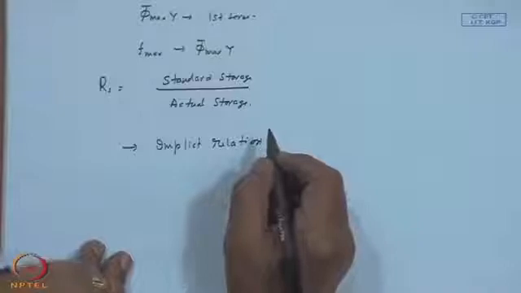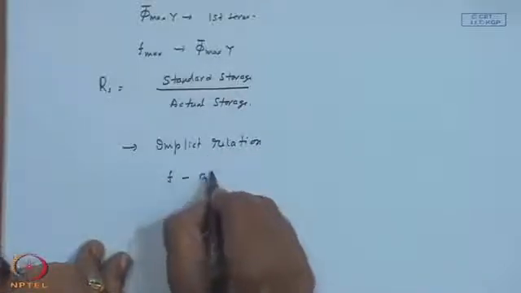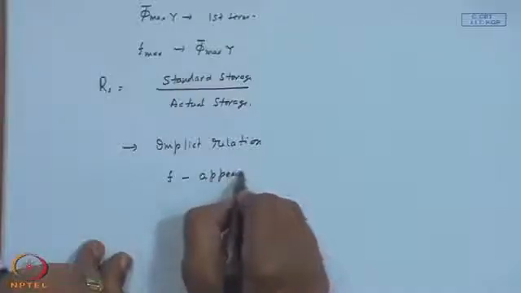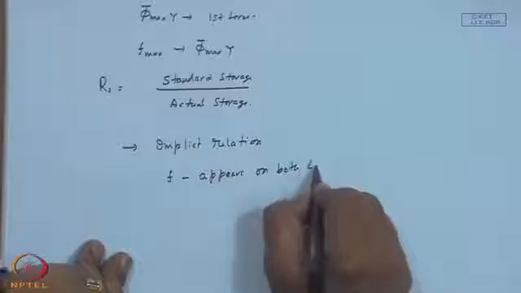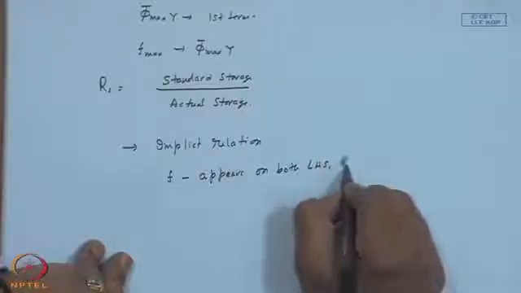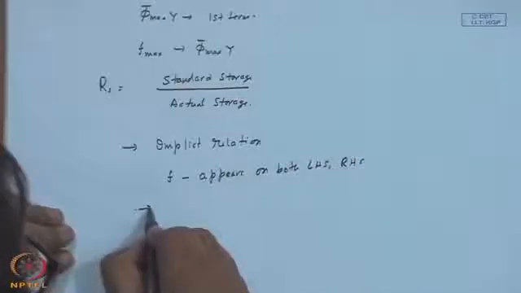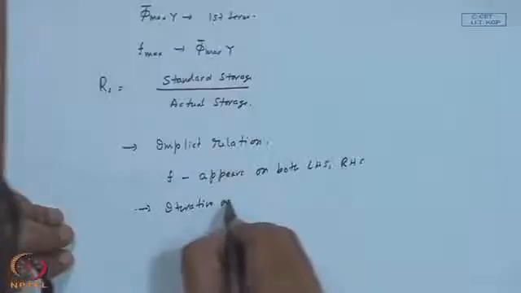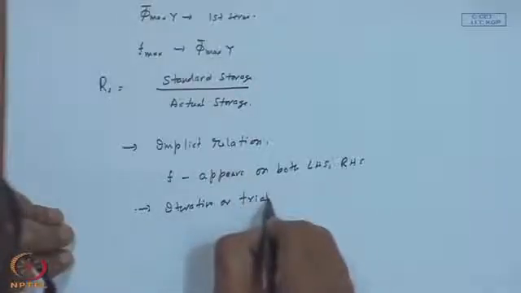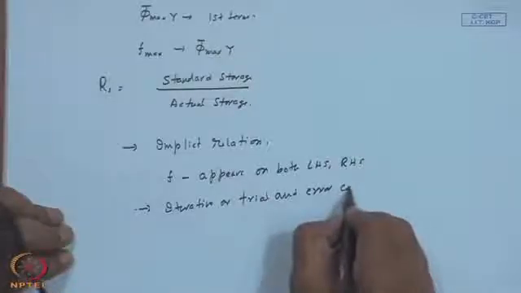That is, your f appears on both left hand side and the right hand side. It can't be separated. So, this needs an iterative or trial and error calculation.